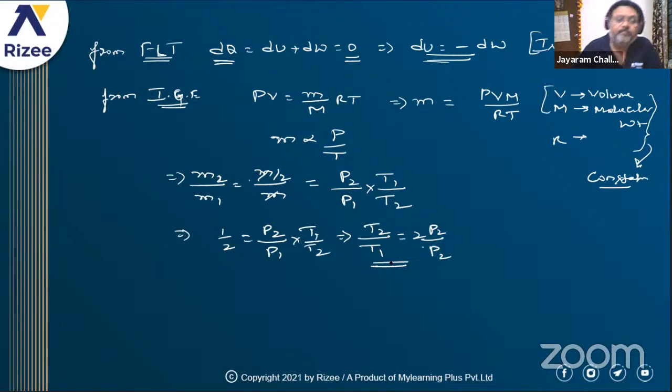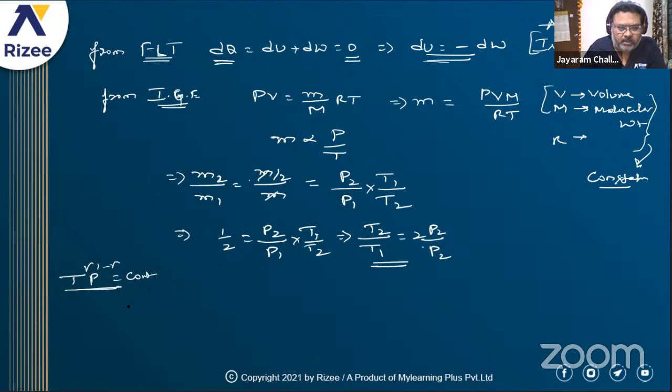So keep it aside. Next, since it's an adiabatic process, an isolated system, and dQ is equal to 0, the relation between the pressure and the temperature can be determined as T to the power of gamma into P to the power of 1 minus gamma equal to a constant.